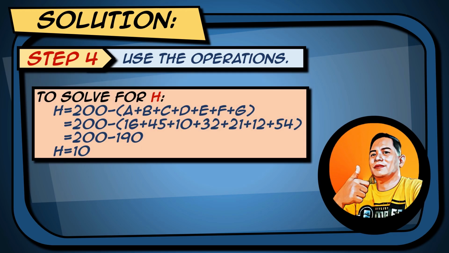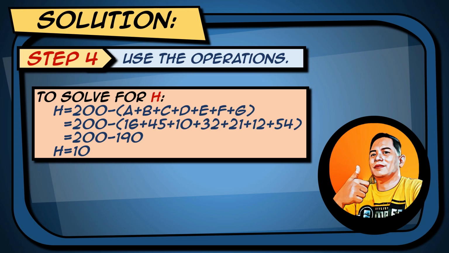And for H is equal to 200 minus (A plus B plus C plus D plus E plus F plus G) is equal to 200 minus (the value of A is 16 plus the value of B is 45 plus the value of C is 10 plus the value of D is 32 plus the value of E is 21 plus the value of F is 12 plus the value of G is 54), then equals 200 minus 16 plus 45 plus 10 plus 32 plus 21 plus 12 plus 54 is equal to 190.